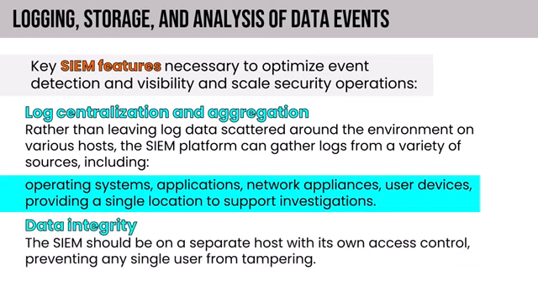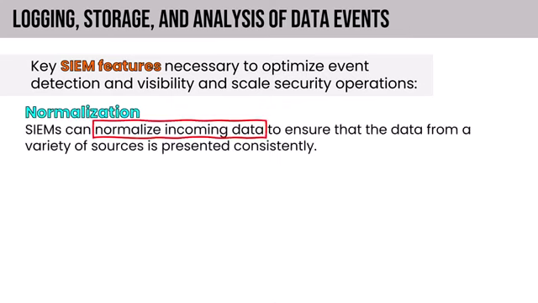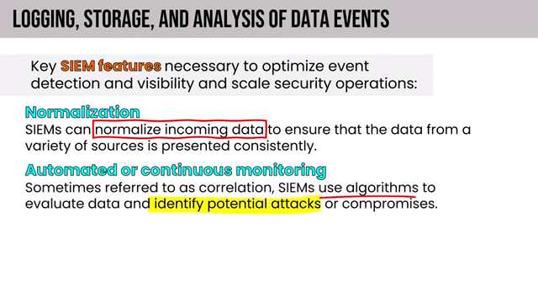There's data integrity, so the SIM should be on a separate host with its own access control, preventing any single user from tampering. Very easy to do in the cloud. Normalization. SIMs can normalize incoming data to ensure that data from a variety of sources is presented in a consistent format. Automated or continuous monitoring, sometimes referred to as correlation.